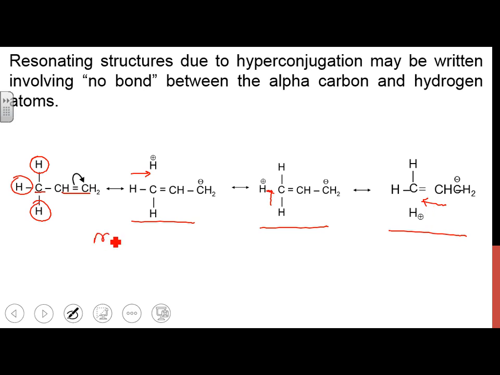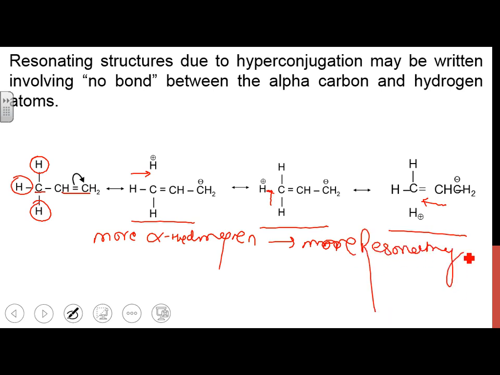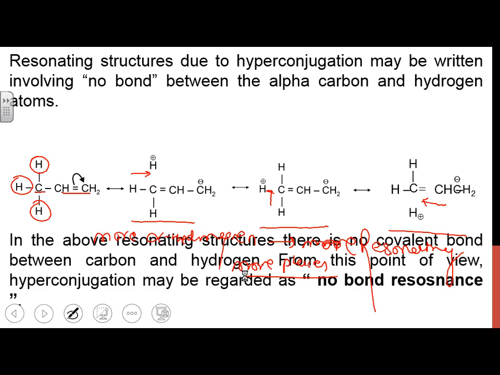So more number of alpha hydrogens, more resonating structures, and with more resonating structures, the electron is moving at more places. More places, difficult to be caught. So it becomes more stable. Yes or no?